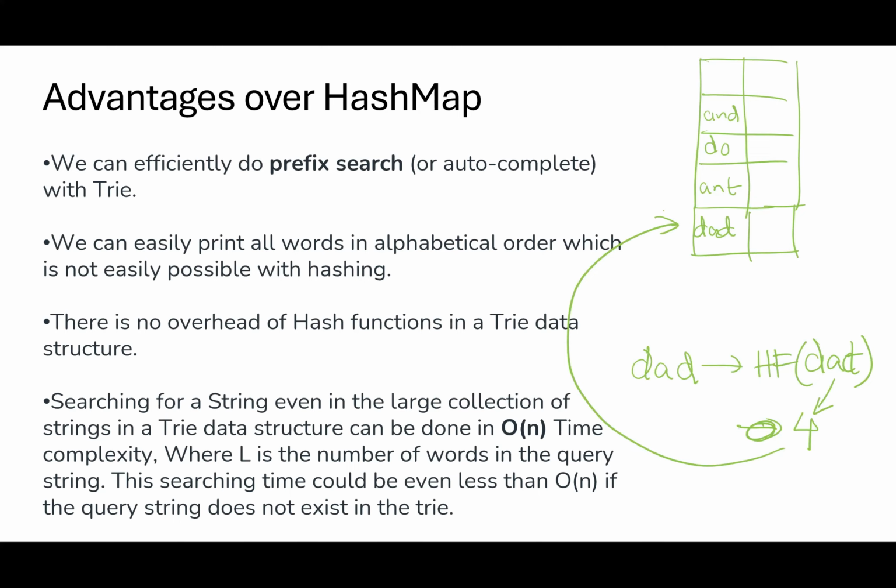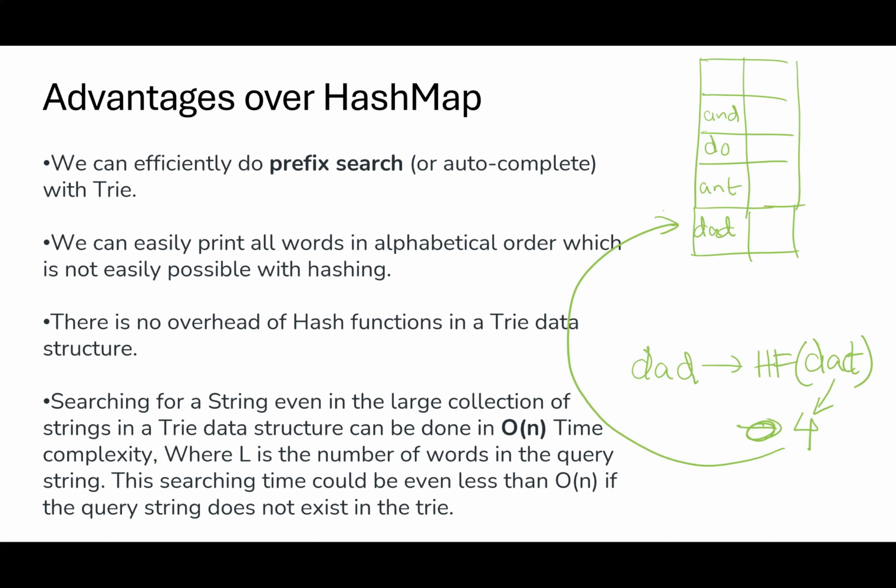And obviously, hash maps have other issues, like there might be multiple strings and words going to the same place, but let's still assume that this was a very good hash map and every word was mapped to a different location.